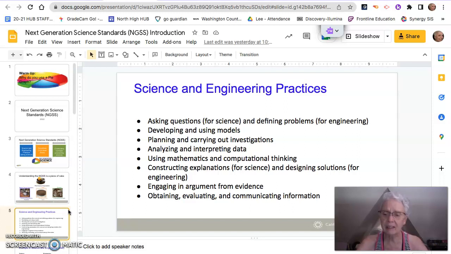Once you've done that investigation, you have to analyze and interpret the data. You will use mathematics and computational thinking to get to these places. You will construct an explanation and design a solution. You will engage in argument from evidence. And lastly, you will obtain, evaluate, and communicate this information to others.